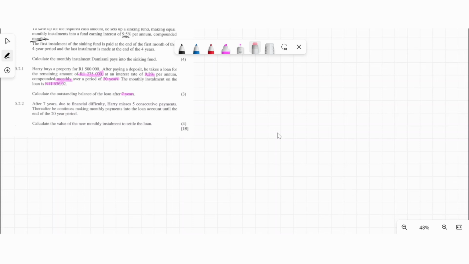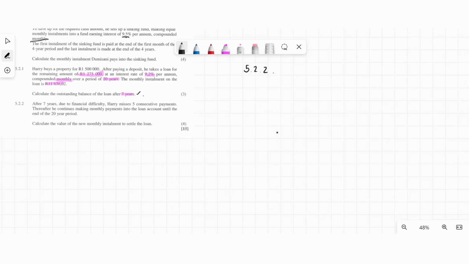So first thing that we need to establish is how much the money grew from the time that he lapsed, which is after 7 years, then the remaining, how much the money grew for that period that he did not pay. So 5.2.2 basically, calculate the new monthly installment. Because it was after 7 years, it was after the outstanding balance.